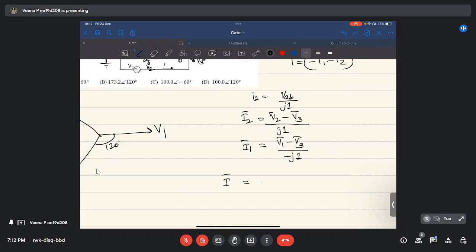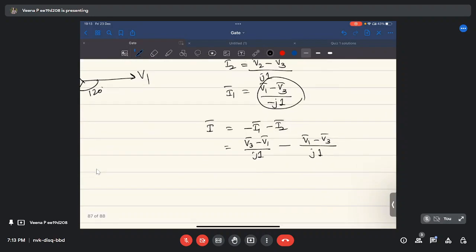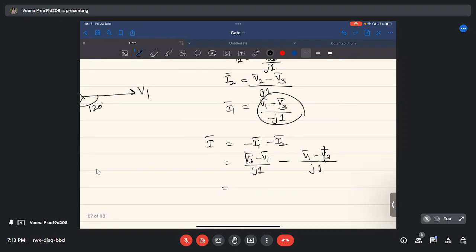So our current I is minus I1 minus I2. This is nothing but minus of V2 minus V3 by j1, minus of V1 minus V3 by minus j1. Sorry, did I make a mistake?